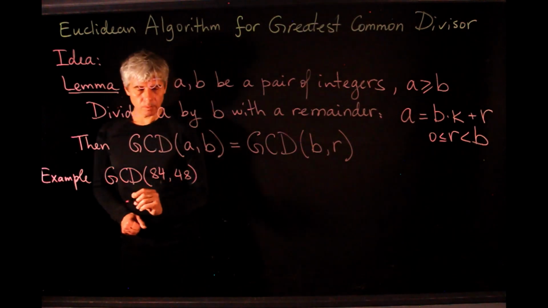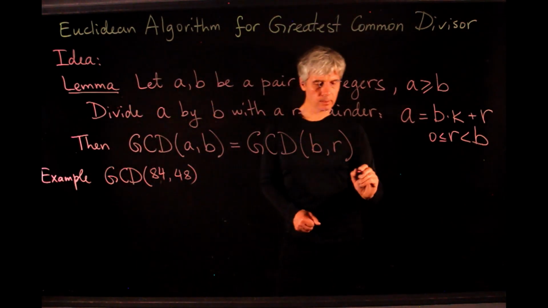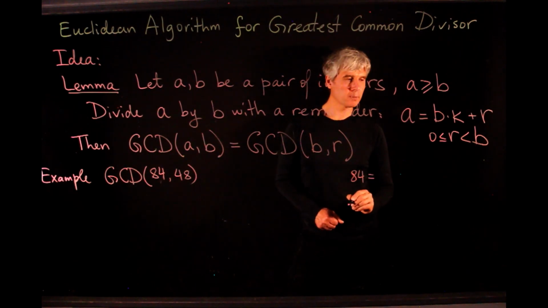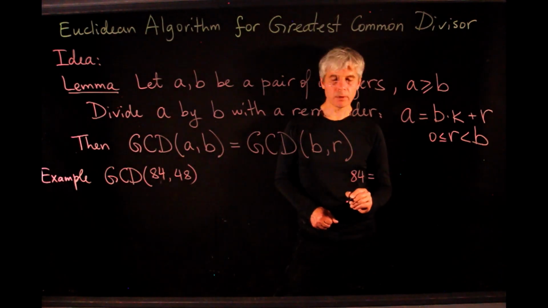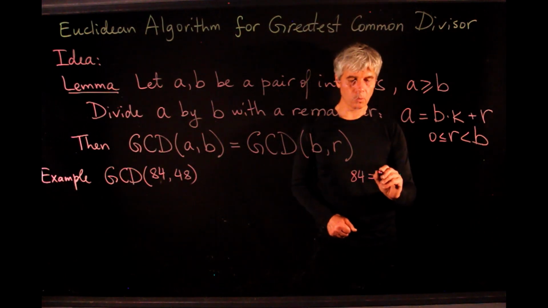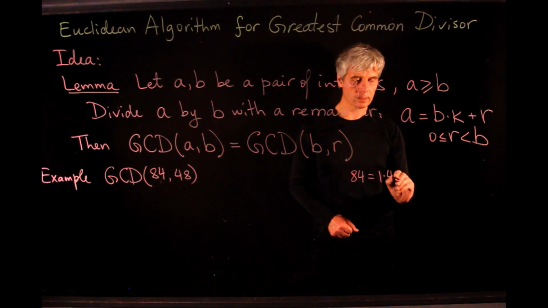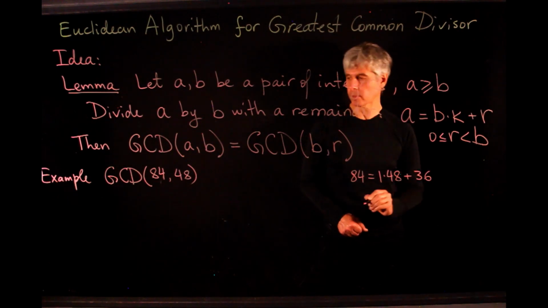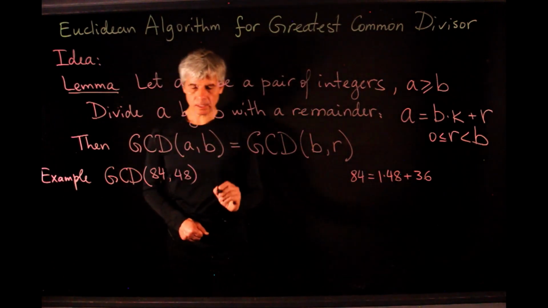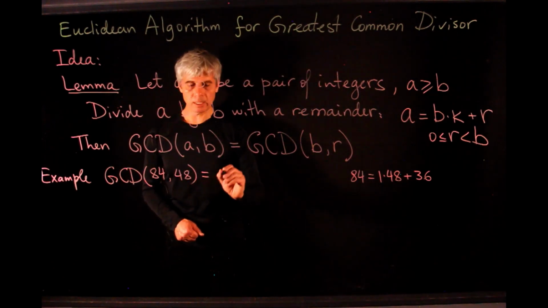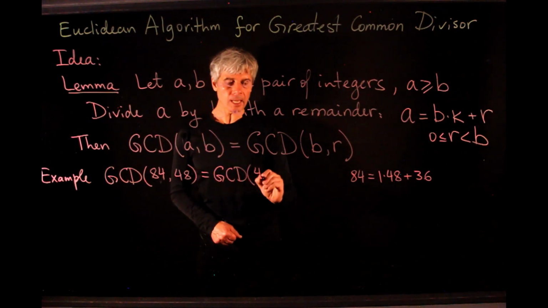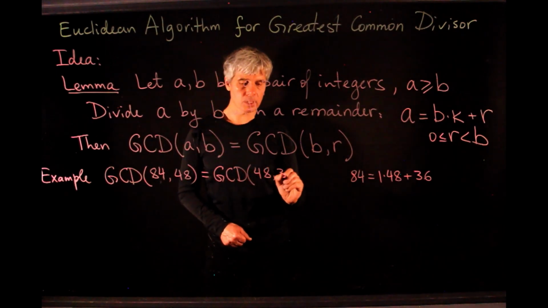All right, so this tells us that we need to take 84 and divide it by 48 with the remainder. So this is going to be 1 times 48 plus, how much is left? Plus 36. And so this tells us that this GCD is equal to the GCD of 48 and 36.